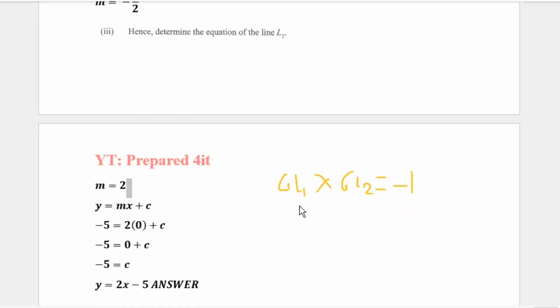We know the gradient of line 1. We got it as -1/2. So -1/2 multiplied by the gradient of line 2 should be equal to -1. So in solving for line 2, the gradient of line 2 is equal to -1 divided by -1/2.